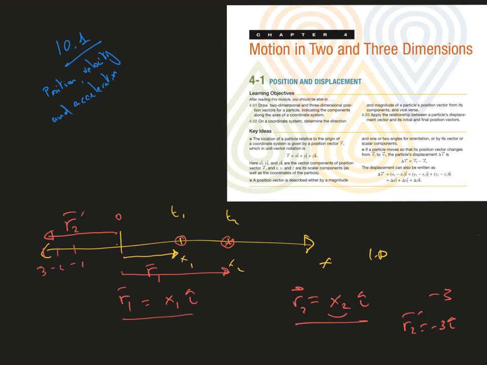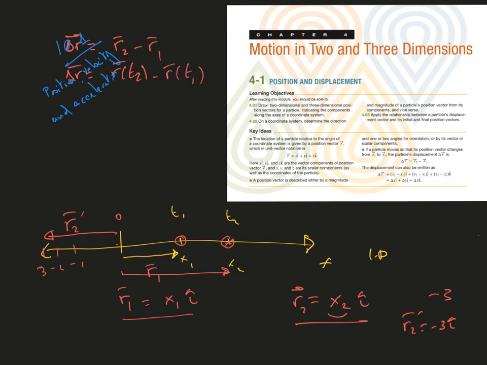What have we done? We have done the displacement vector. The displacement vector is r2 minus r1. So the displacement vector is r at the time t2 minus r at the time t1.